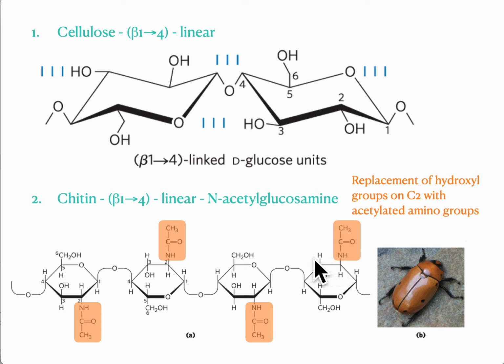The only difference is that the alcohol group on the number 2 carbon in cellulose is replaced with acetylated amino groups. And this replacement makes it more hydrophobic and water resistant than cellulose. And thus, chitin exists in the exoskeleton of many animals.